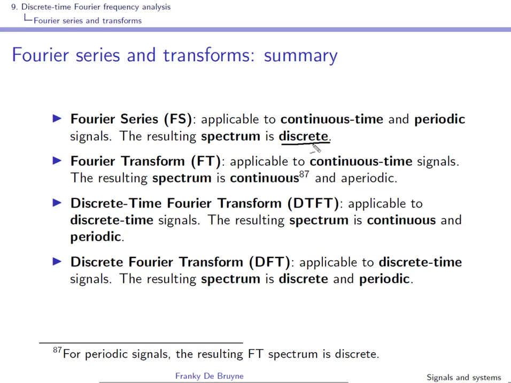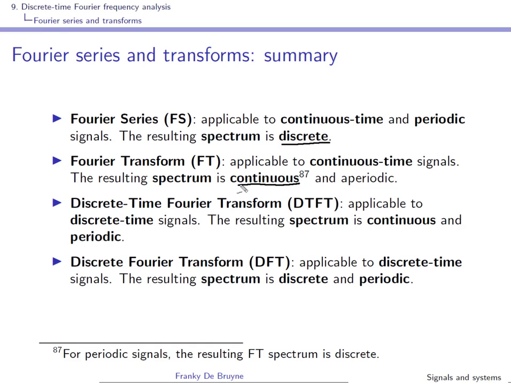Then, if you let the period go to infinity, you obtain an aperiodic continuous time signal, and the Fourier series becomes the Fourier transform, and the resulting spectrum is now continuous.